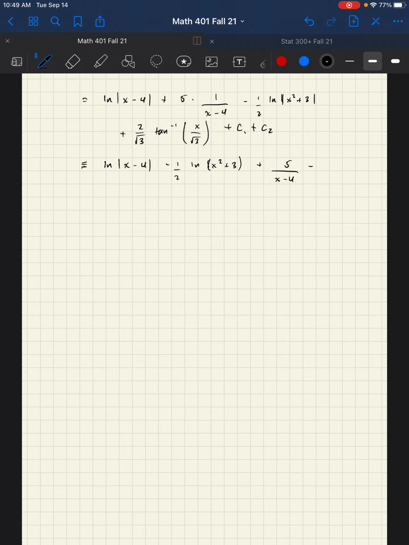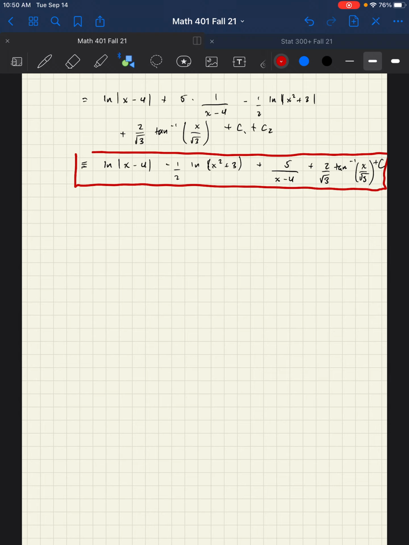Plus 5 over (x minus 4) plus 2 over root 3 tan inverse of x over root 3 plus c, some other c that we don't know. And that's it. That's the answer.